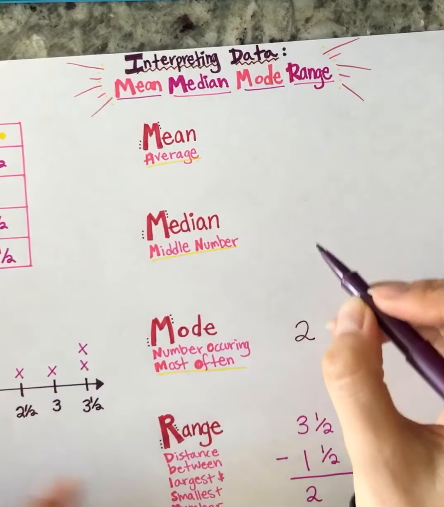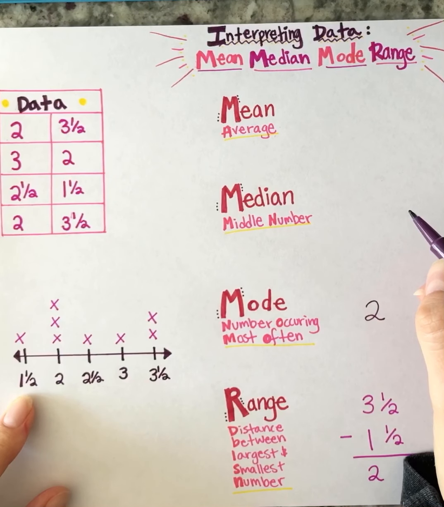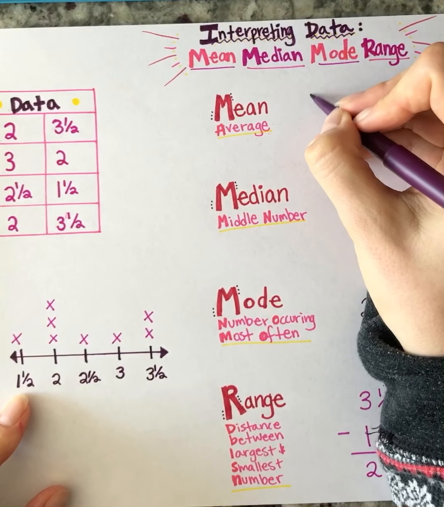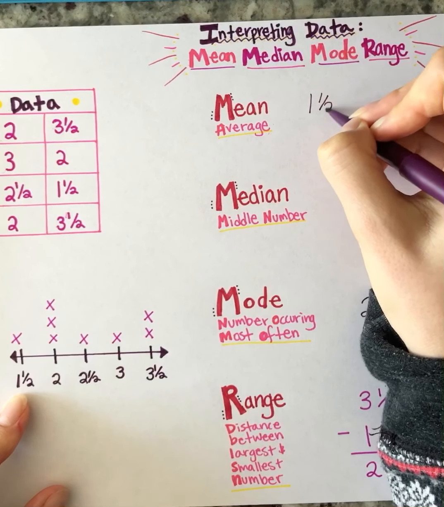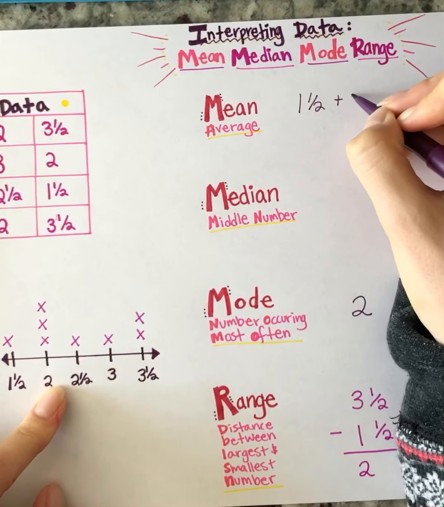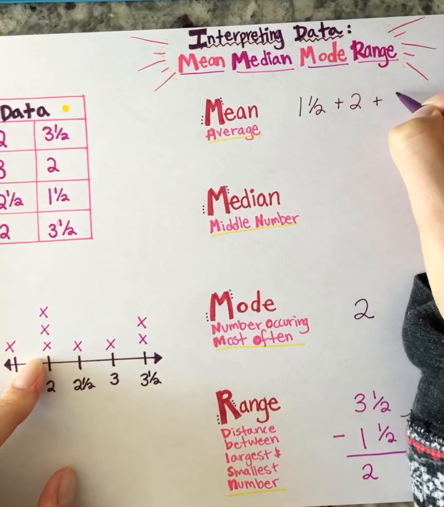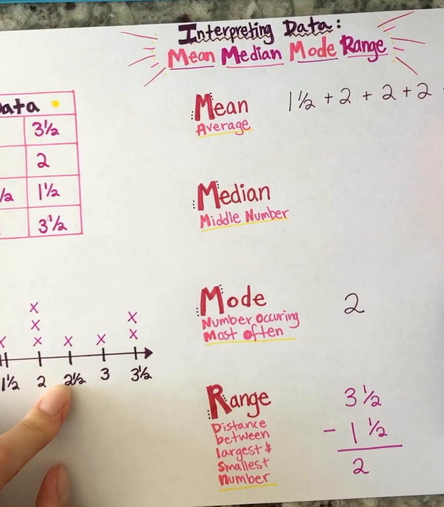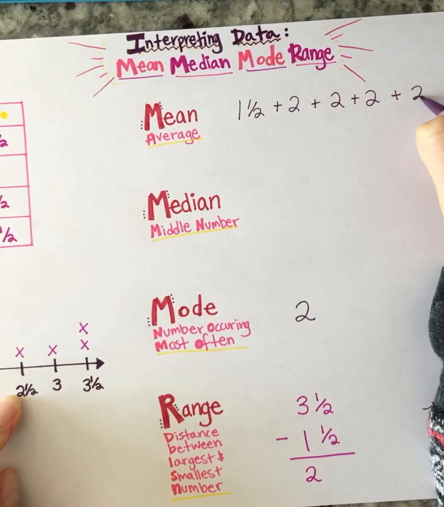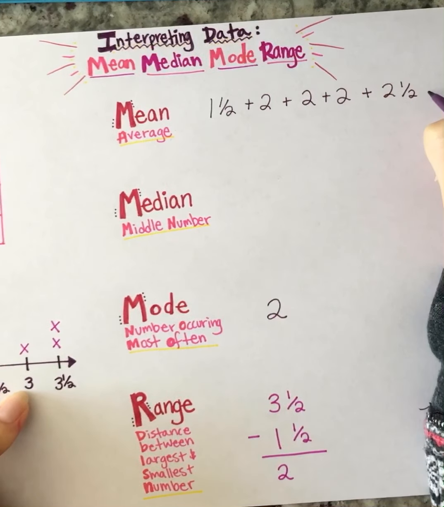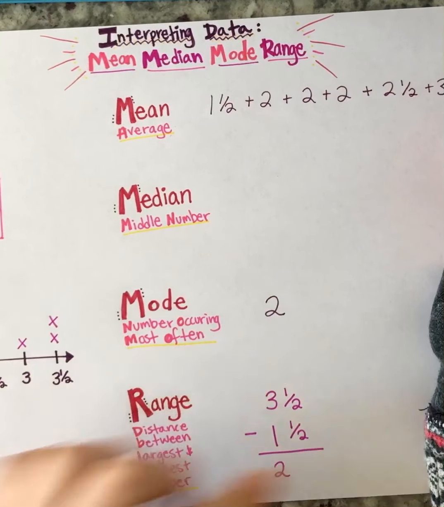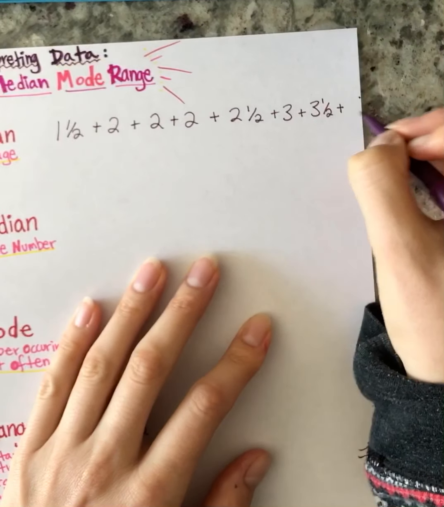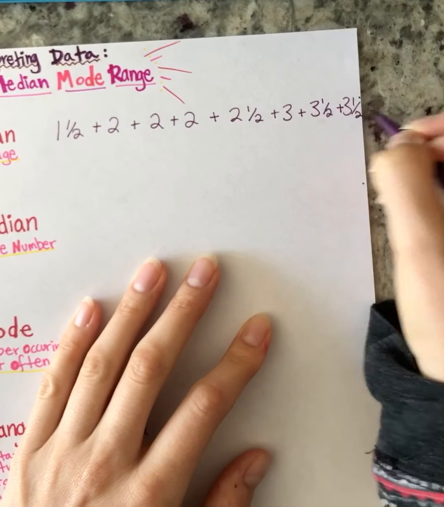So let's show our number sentence. First off, we can just use our plotted points here to help us go through. So each X gets written: 1.5 plus 2, 3 times, plus 2 plus 2 plus 2.5 plus 3 plus 3.5 plus 3.5.